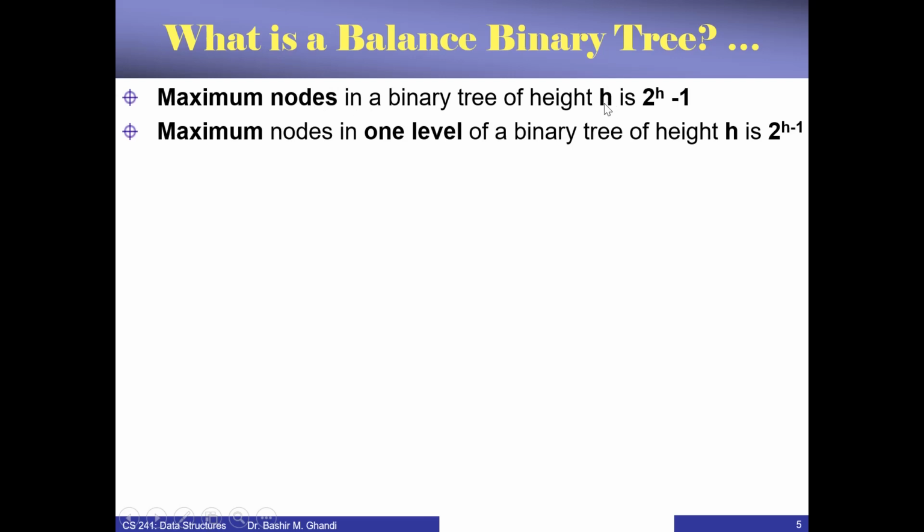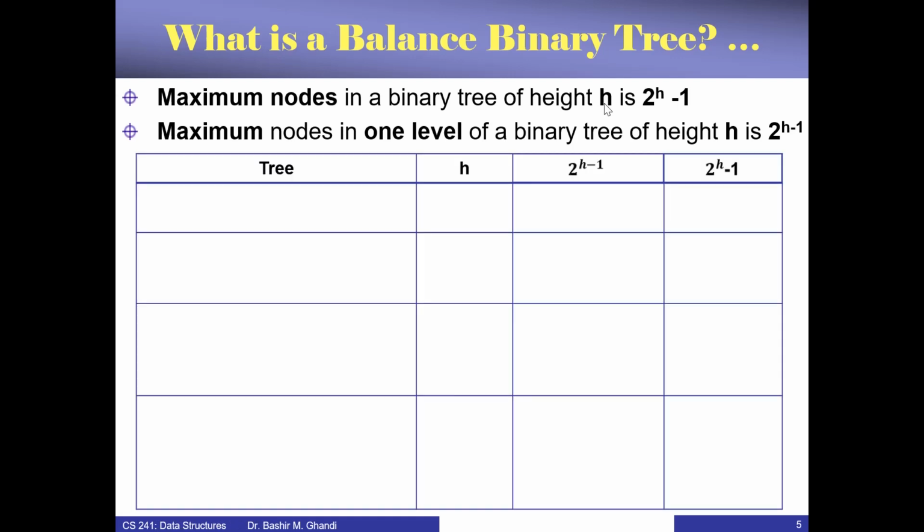To see what these formulas mean, let's take some examples. For example, if you have only 1 node, obviously the height is 1. So if you apply the first formula to find the total number of nodes, 2 to the power 1 is 2, and 2 minus 1 is 1. So obviously there is only 1 node.